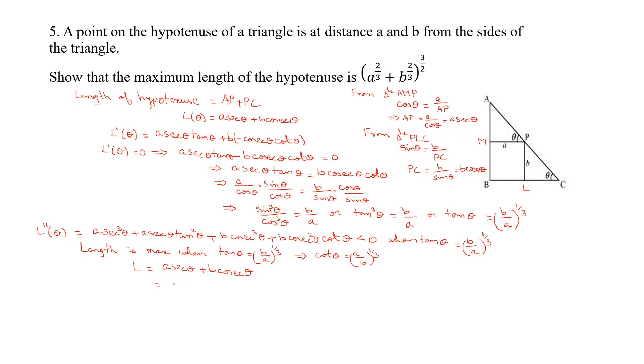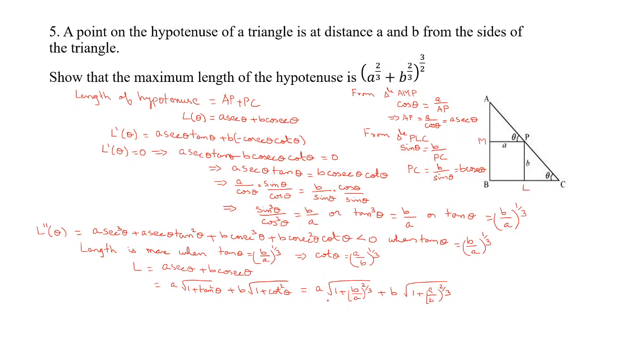So this is equal to a into secant theta, which is square root of 1 plus tan square theta, plus b into square root of 1 plus cot square theta. So this is equal to a into square root of 1 plus b by a to the power 1 by 3 whole square, so it will become b by a to the power 2 by 3, plus b under root 1 plus a by b to the power 2 by 3.